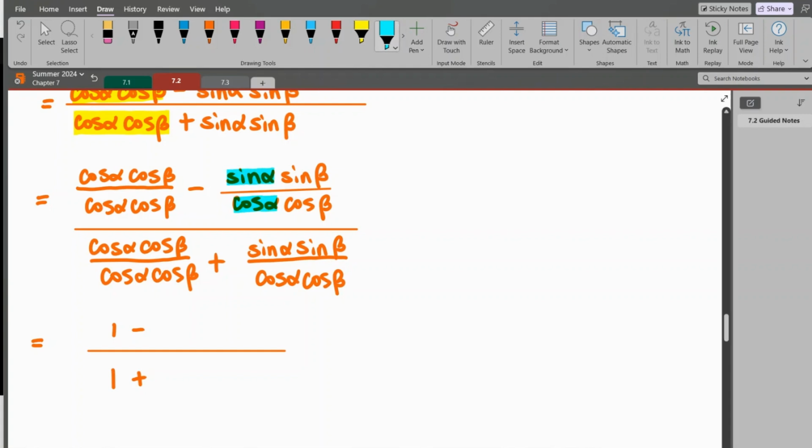So sine alpha over cosine alpha, that would just be tangent of alpha. And we also end up with a sine alpha over cosine alpha down here. That's tangent alpha. And then the sine beta over cosine beta that we see in the numerator and denominator, those are both going to become tangent of beta.